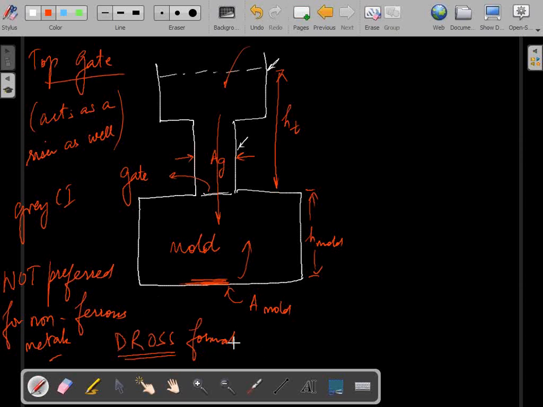Now what is dross formation? Dross formation is basically your white scum, white foam that is collected on the top of the molten liquid because of impurities associated with it and the air inclusion due to heavy turbulence. So this is the reason it is not preferred for non-ferrous metals.